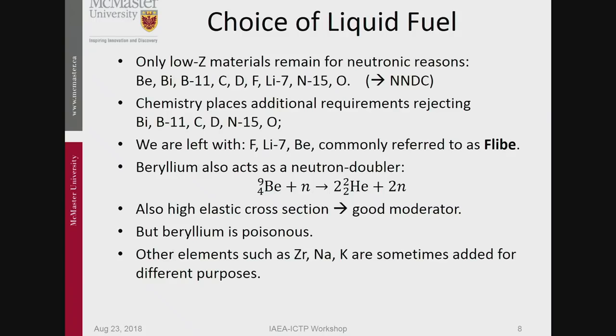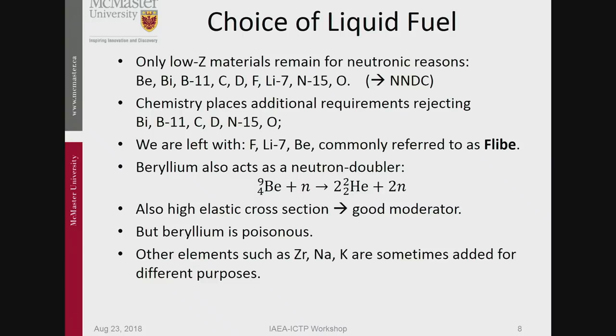Okay, so that's an easy one. That's a slam dunk. Okay, I'll show it to you. Carbon, deuterium, fluorine, lithium 7, nitrogen 15, and oxygen. So note that I put these numbers there with some of them.